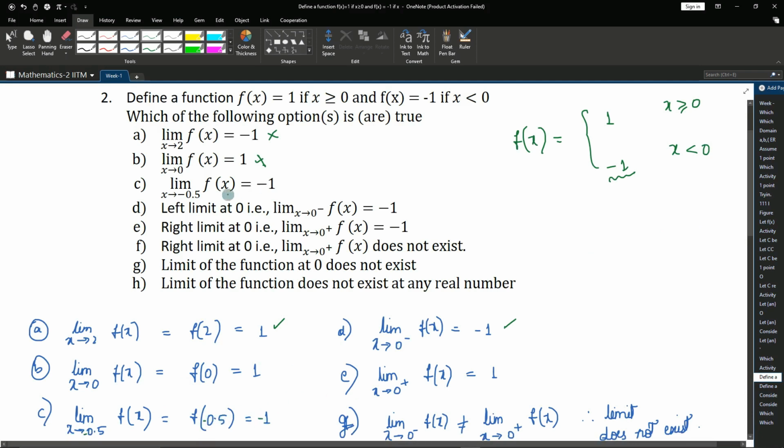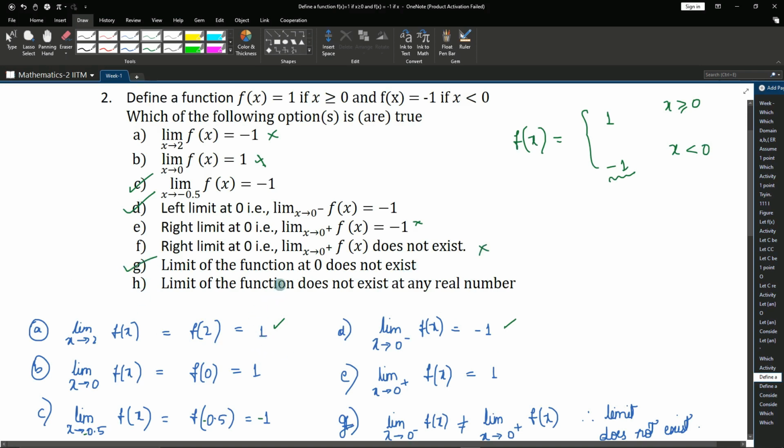So this option is correct. What about D? Again the left hand limit is minus 1. Yes, this is correct. The right hand limit is plus 1, so this is wrong. So the right hand limit at 0 does not exist? It does exist, right? It is 1. This option is also ruled out. Limit of the function at 0 does not exist. Yes, so this option is also correct.